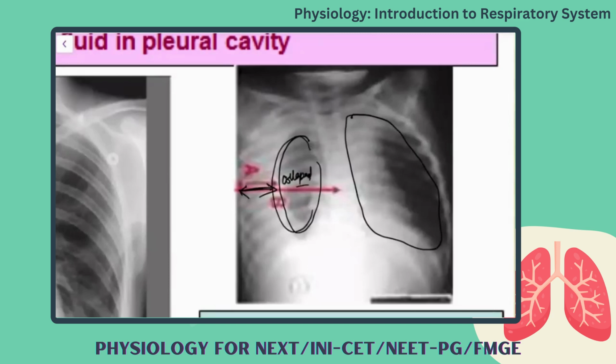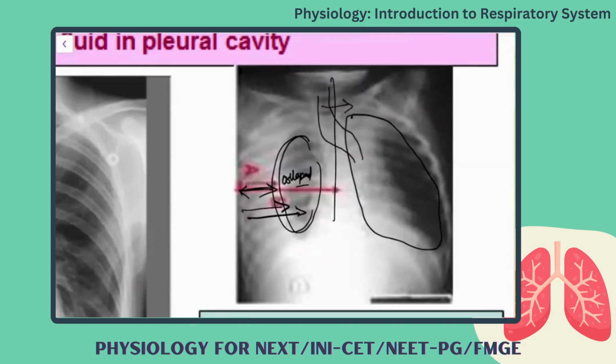The right side of the lungs is totally collapsed. The presence of excessive fluid in the pleural cavity makes the lungs collapse. If this still goes in excess, then what will happen? You can also find tracheal shift. From the midline, the trachea will also shift to the adjacent side.